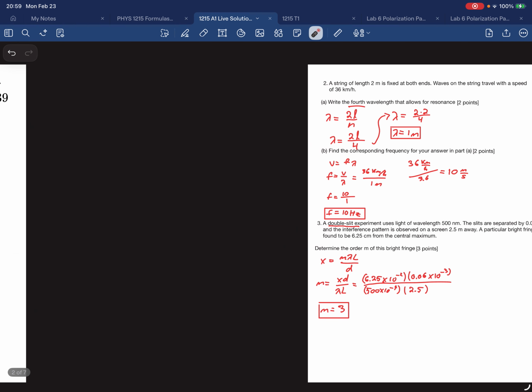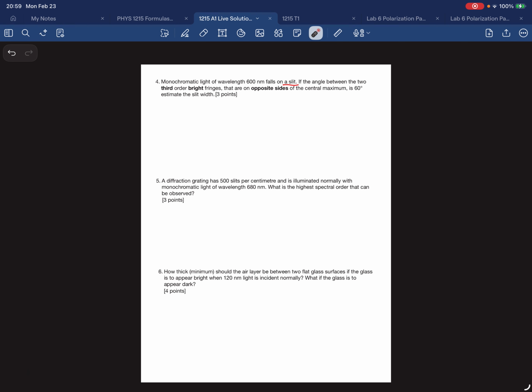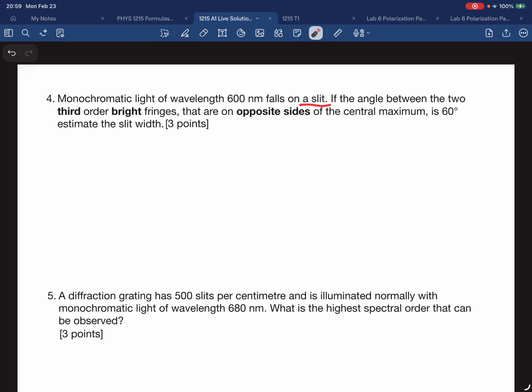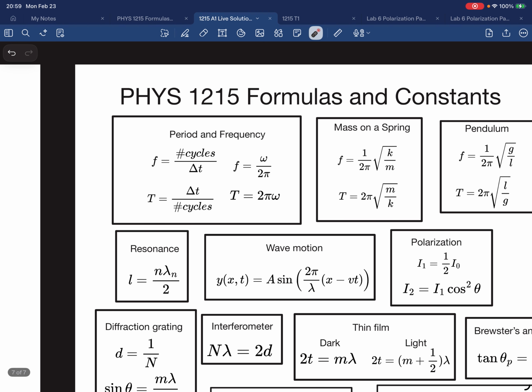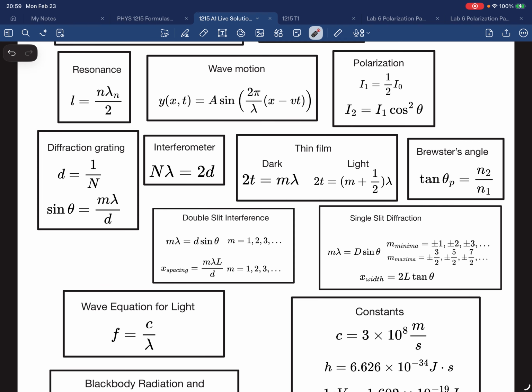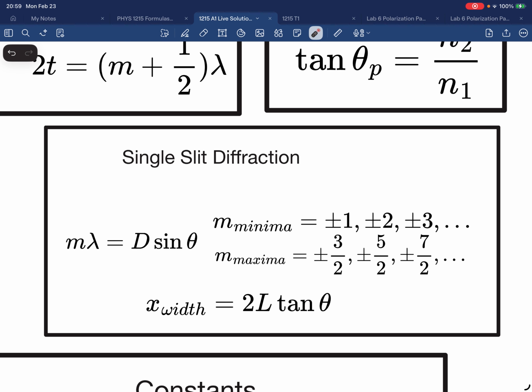So for us, we're told that this is the third order bright fringe. So let's take a look. Bright means this is going to be a maximum. So we are looking at this bottom sequence, and we are looking for the third order.